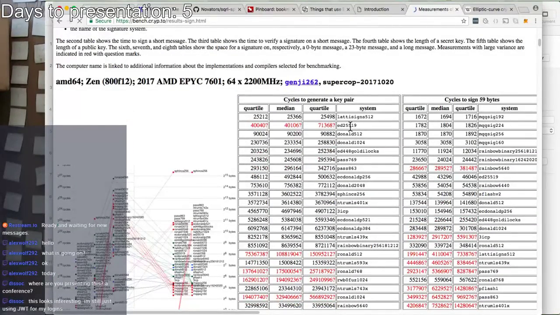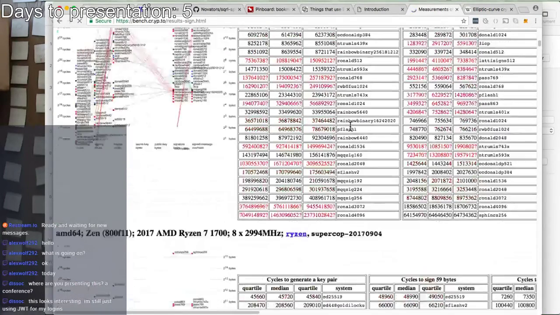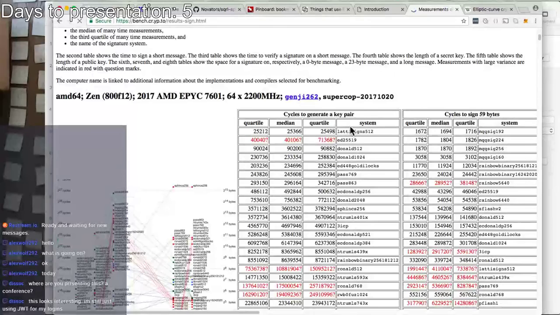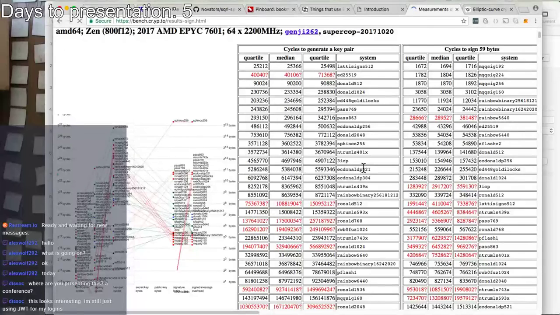Okay, I don't know what the red means. Measurements with large variance, indicated with red question marks. So interesting. Cycles to generate key pair, cycles to sign, which are probably more interesting to us. So some of these are definitely less.